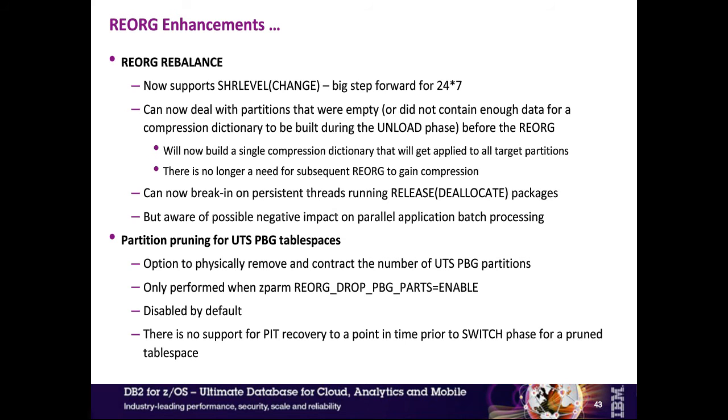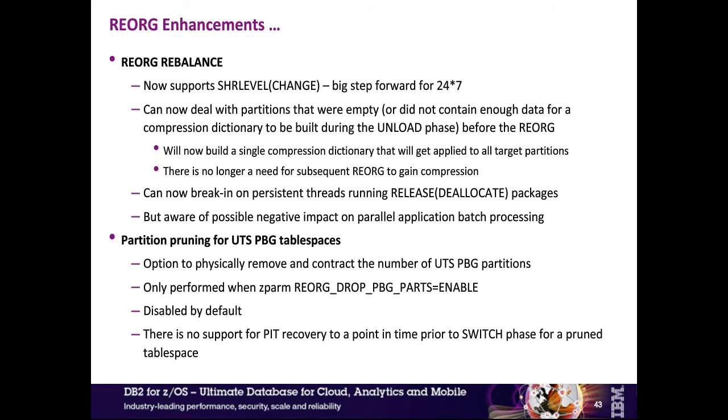The second option on this slide is partition pruning for UTS PBG table space. This is optional and it's not the default. It provides you the option to physically remove and contract the number of UTS PBG partitions. It's only performed when the ZPARM REORG_DROP_PBG_PARTS is set to ENABLE. As I've said already, it's disabled by default, and that's a conscious design decision.